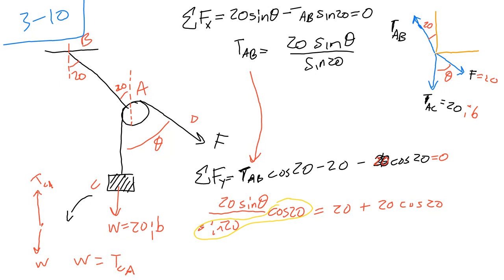Then sine theta is going to be equal to tangent 20 times 20 plus 20 cosine 20 all divided by 20. Well, that's tangent 20, so this just cancels with those two.